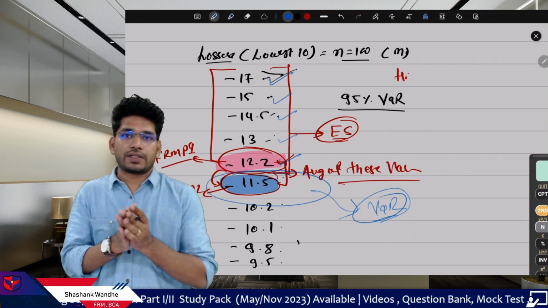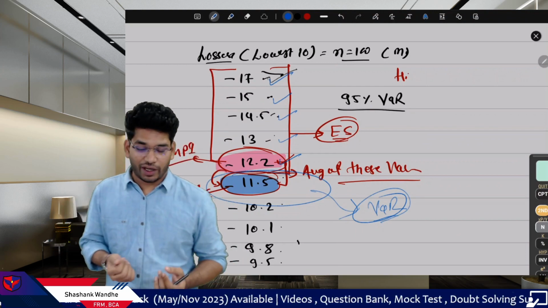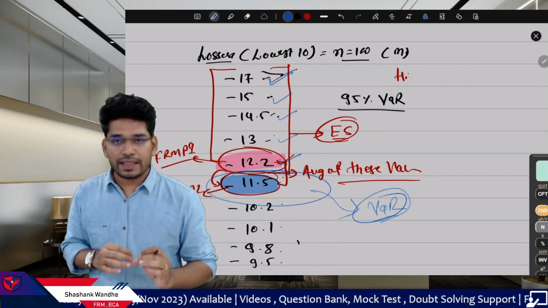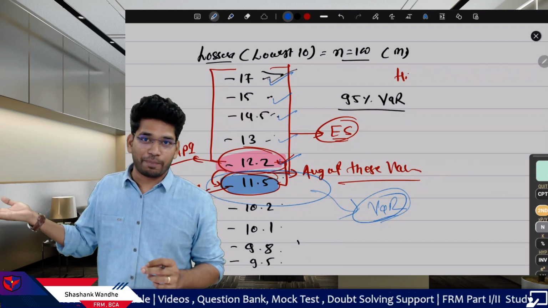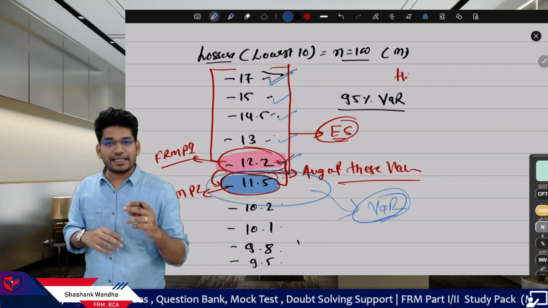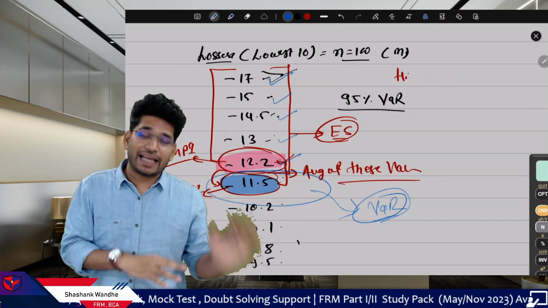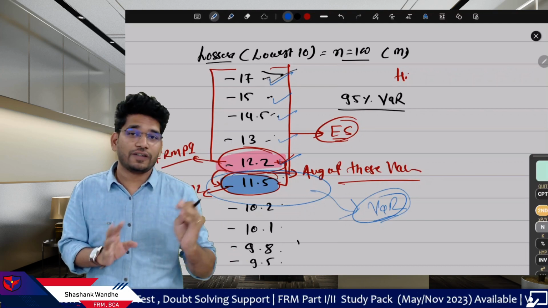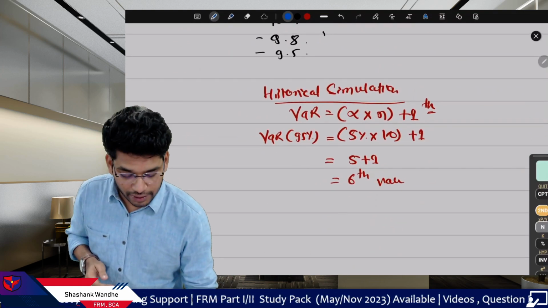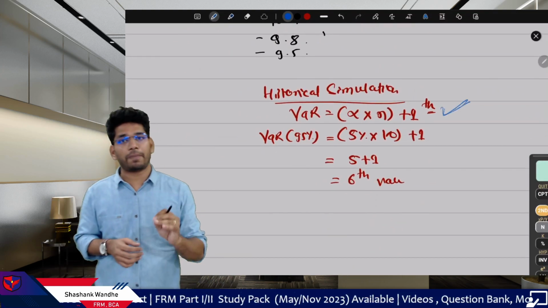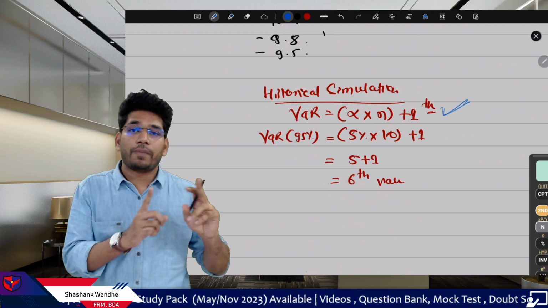In the exam, when students get an expected shortfall or value at risk question, they generally get excited, and in that excitement they make this mistake, because you carry your baggage or information of FRM part 1 into FRM part 2, and this leads to confusion. Even if I tell you specifically, there are chances you will face the same confusion again in the exam. So remember, in FRM part 2 we use this formula: alpha multiplied by n plus 1. You have to remember it so that you don't make any mistake.